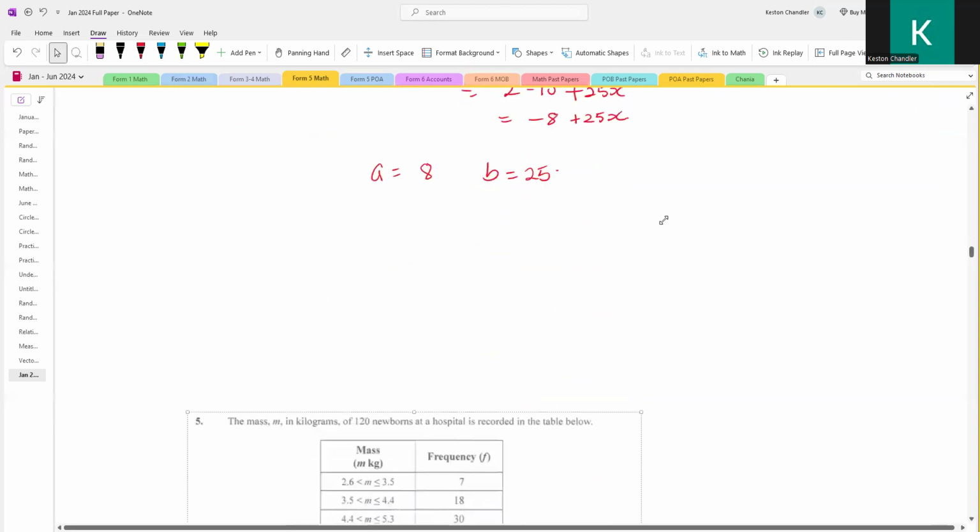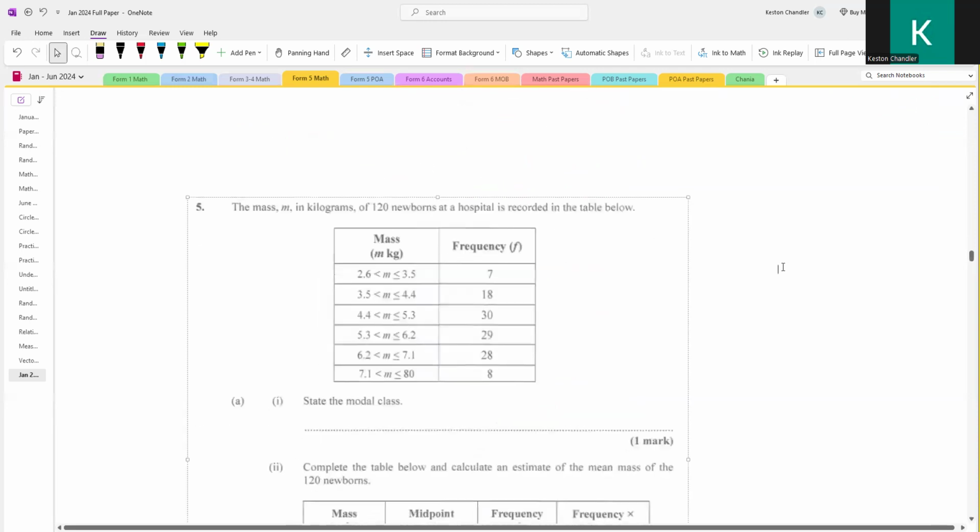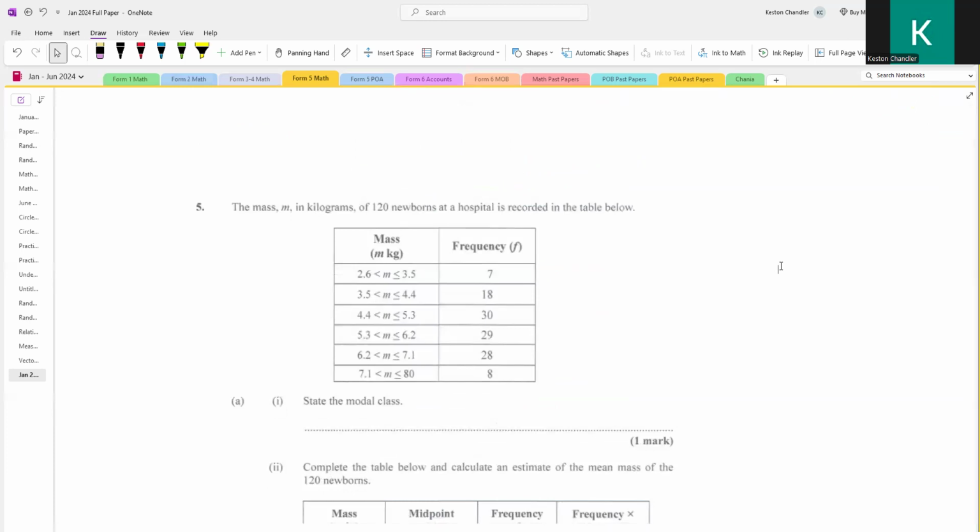Statistics time now. The mass m in kilograms of 120 newborns at a hospital is recorded in the table below. So think about this as a group distribution, meaning that you have 120 newborn babies. You're not going to sit down and write out each individual weight.